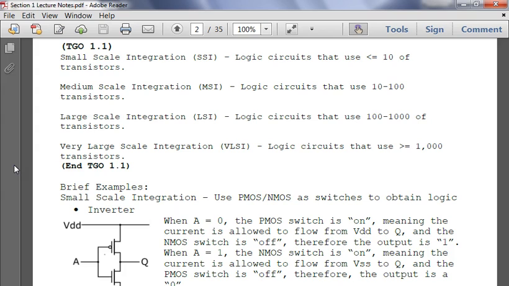Now we have VDD, which is the supply voltage, which is logic 1. We want this to flow through here when the input is 0. And when the input is 1, we want VSS, which is ground, logic 0, to flow through the nMOS transistor.